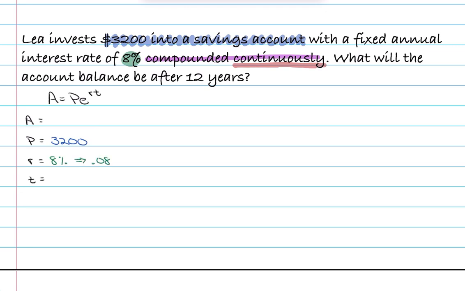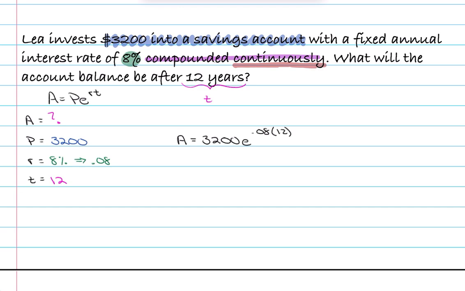And then T is our time. So let's look and see what we got here. What will the account balance be after 12 years? That's our T, time. Okay. Again, we don't know what our account balance is, so that's going to stay a question mark. So now all we have to do is A equals P. Well, P is 3,200, so I'll put that there, times E. Remember, this is a number in your calculator, raised to the R, that is 0.08, times T, which is 12.